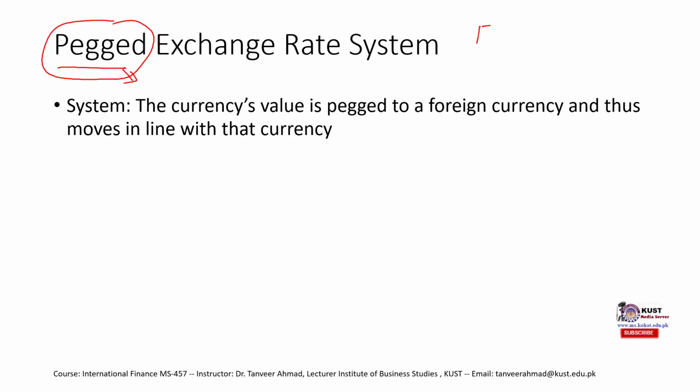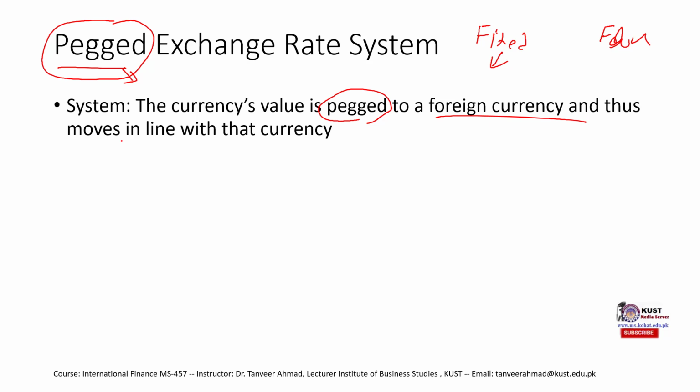So essentially what we have is two types of systems. One is fixed and the other is floating, right? And so this pegged is also a type of fixed exchange rate system. And then managed floating is a type of floating exchange rate system.